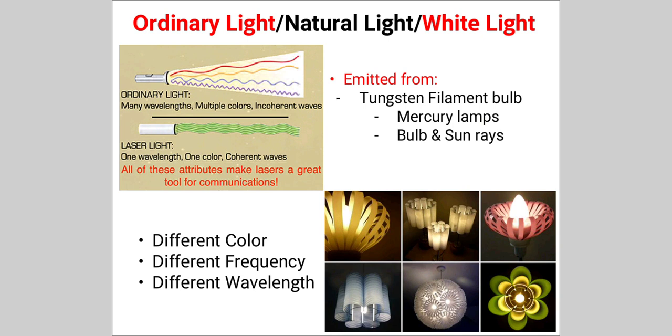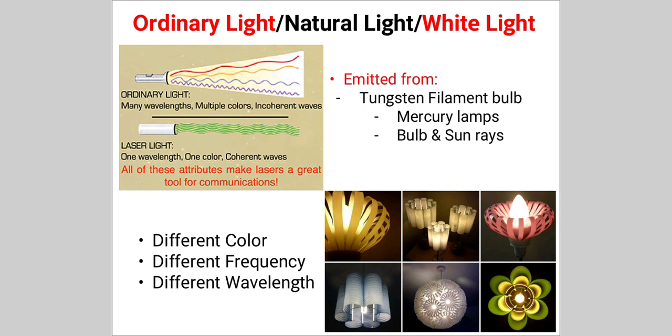So ordinary light, also called white light, is the light emitted from a tungsten filament bulb, mercury lamp, or sun rays. Such light sources are called ordinary light, and it has three important properties: different colors, different frequencies, and different wavelengths.